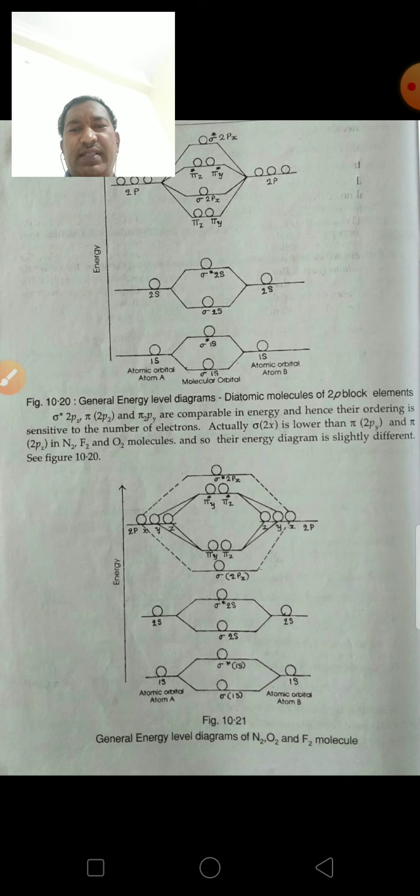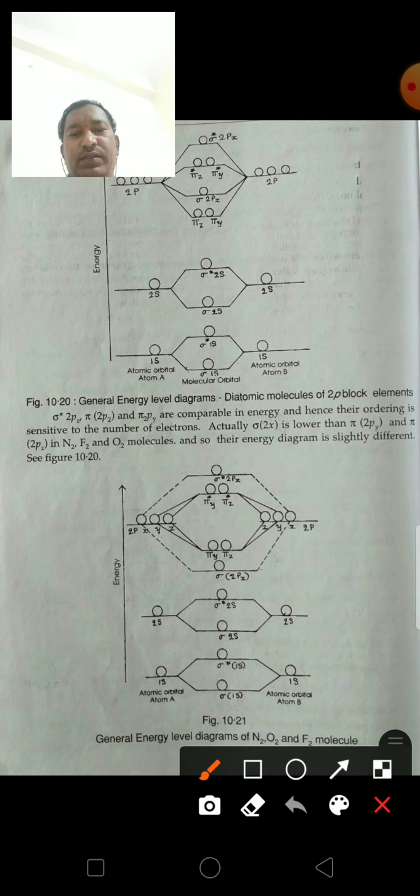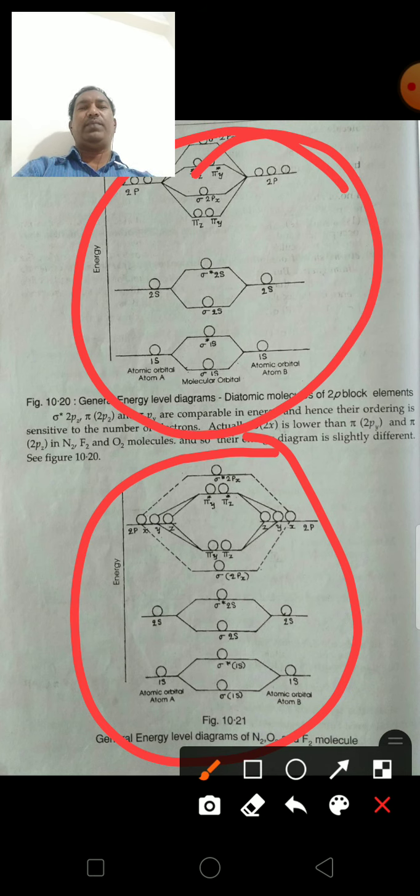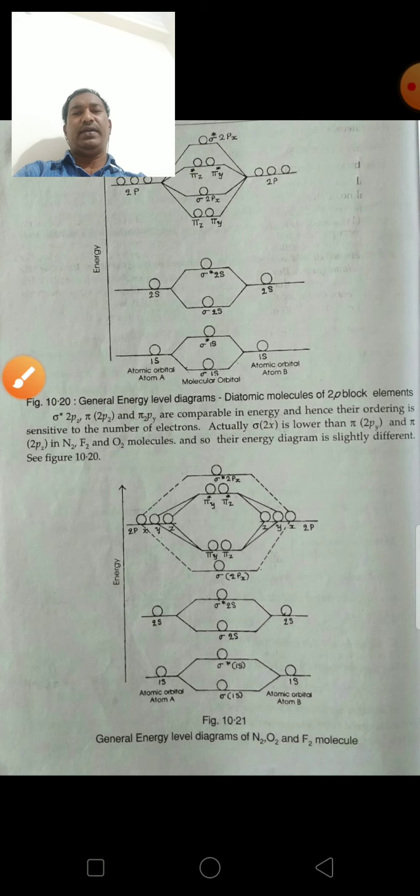Nitrogen contains 14 electrons, oxygen and fluorine also are treated the same. This diagram is applicable to molecules with 14 electrons and above. For 14 or above 14 electron molecules, we can write this molecular orbital diagram. Below 14 electrons, we follow this type of molecular orbital diagram.